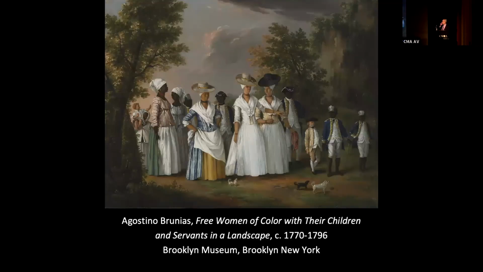This is another Brunias showing free women of color, two sisters with their mother here, and their children and servants. Presumably some of the servants are really not servants, but enslaved people. But you have this reality that behind these lovely, magical, diaphanous, flowing fabrics was this brutal, ugly reality.